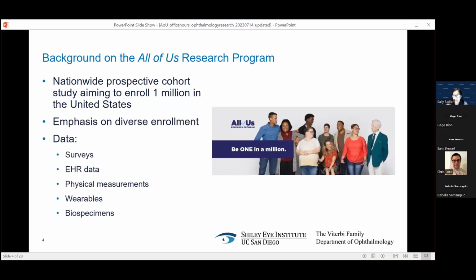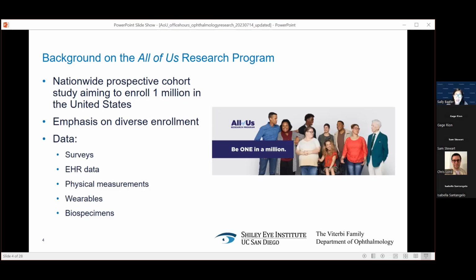So I'm sure many, if not all of you, are familiar with background on the All of Us research program, but in case you're not, it is a nationwide prospective cohort study aiming to enroll 1 million individuals throughout the United States. There is an emphasis on diverse enrollment and enrolling folks from communities that have been traditionally underrepresented in biomedical research.